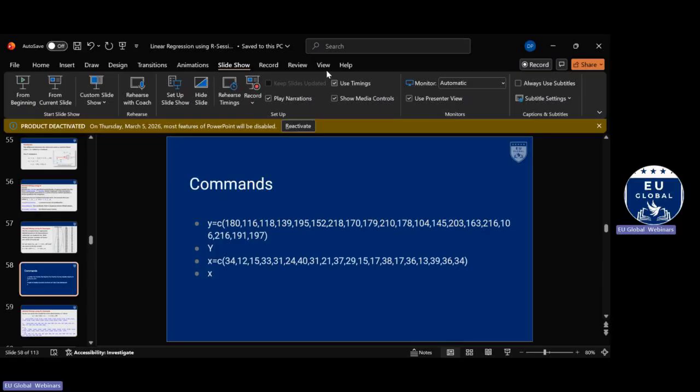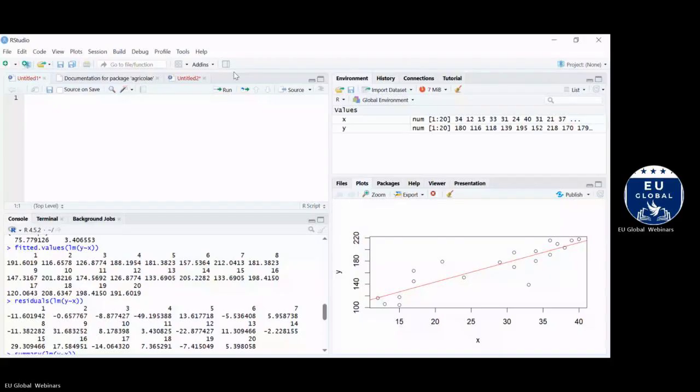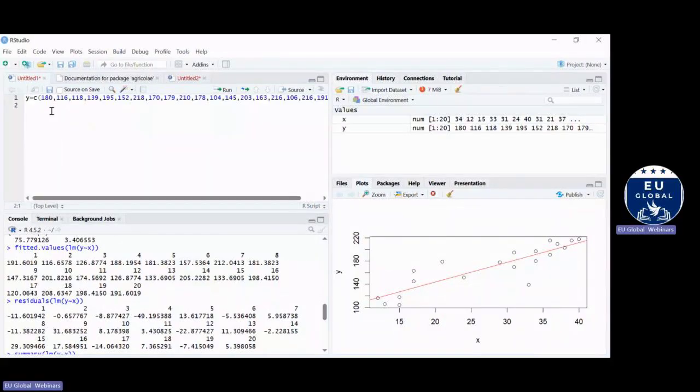So now we'll open R and do the same in R. The first command says that we have to make a y parameter, right? This y is your dependent variable. We will first take the value of y and run this command.